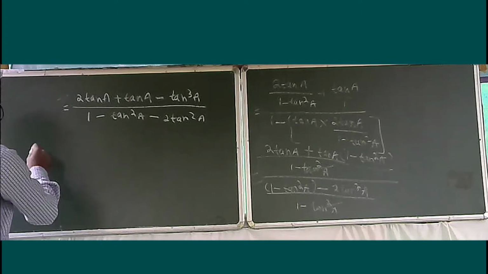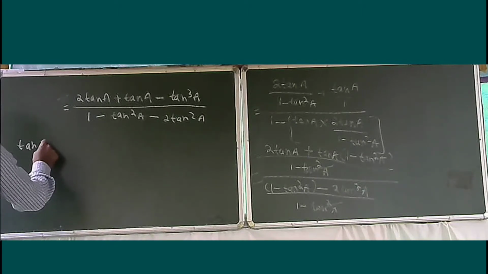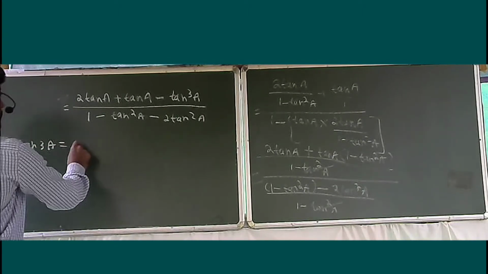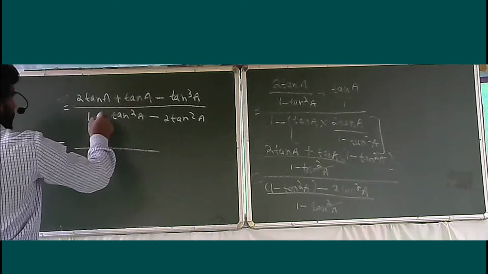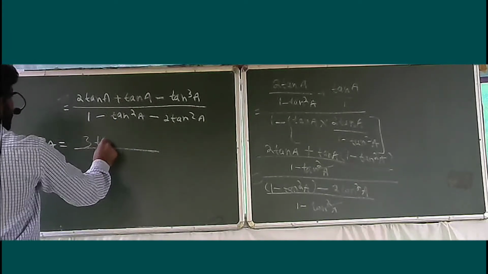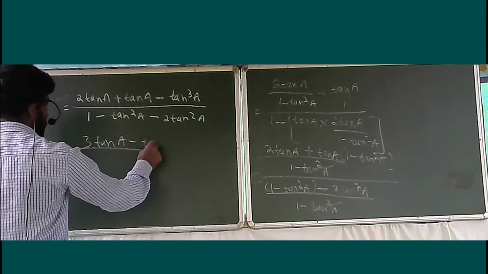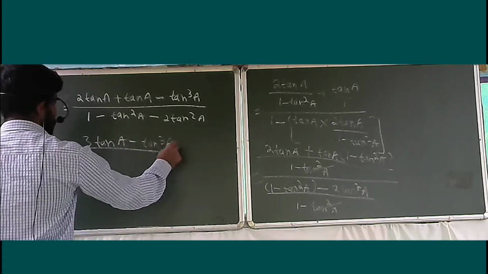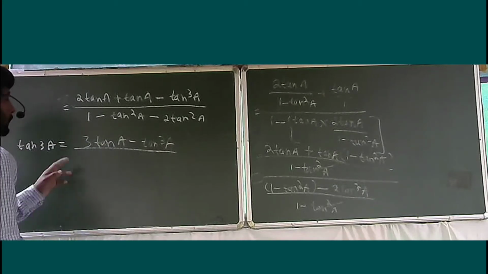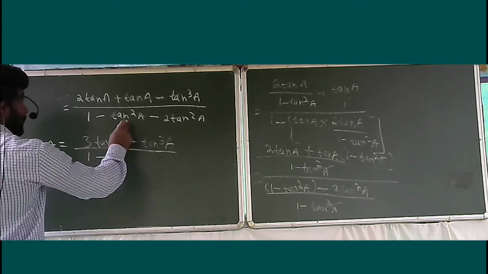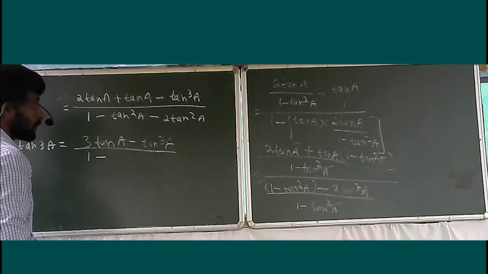Okay, LHS is tan 3a is equal to, see here, 2 tan a plus tan a, 3 tan a minus tan cube a divided by 1 minus tan square a minus 2 tan square a.